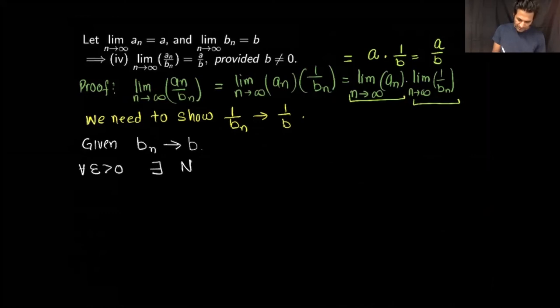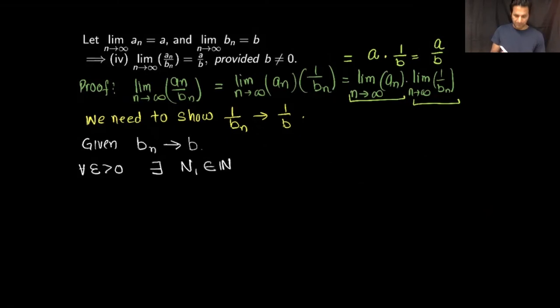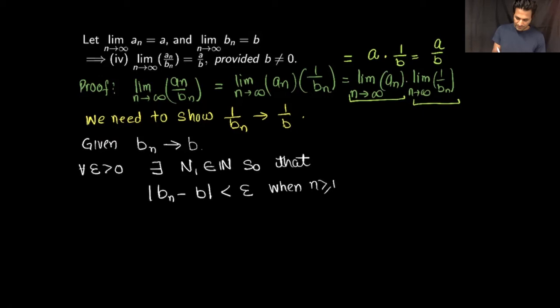I'm going to call that natural number n1 this time, and you will see why later on, so that the absolute value of bn minus b is less than epsilon when n is bigger than or equal to n1. Now I'm going to do some scratch work before I further proceed with the proof.